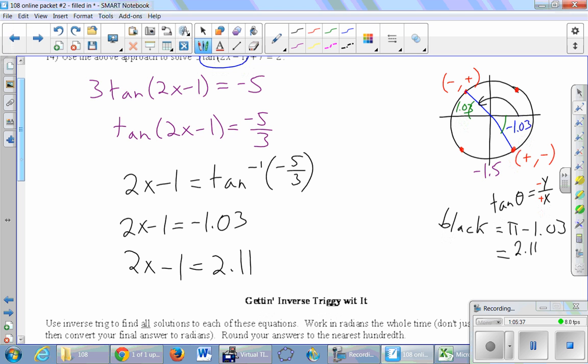At this stage, and before we solve for x, we need to put in this plus 2 pi k. It's so easy to forget to do that. It's also easy to try to do it at the end. You cannot. So plus 2 pi k. And then we have to just do a little bit of algebra to solve for x. So let's first add 1. And I'll just go ahead and add 1 to this guy as well.